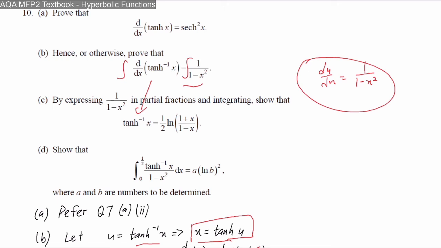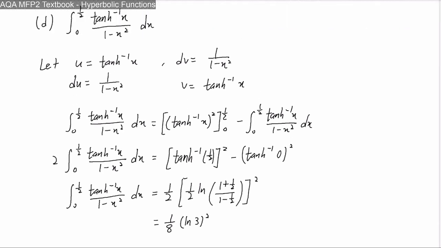We know that differentiating arctan x gives 1 over 1 minus x squared. So in the integral, we have arctan and also 1 over 1 minus x squared. We can use integration by parts to find this integral. It's quite an interesting question.